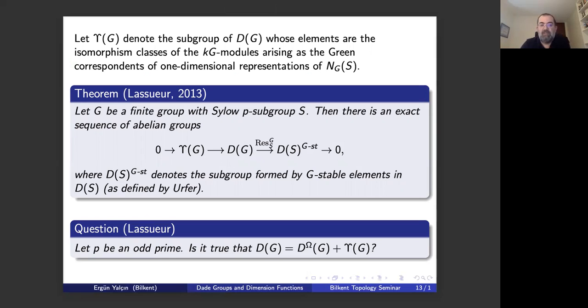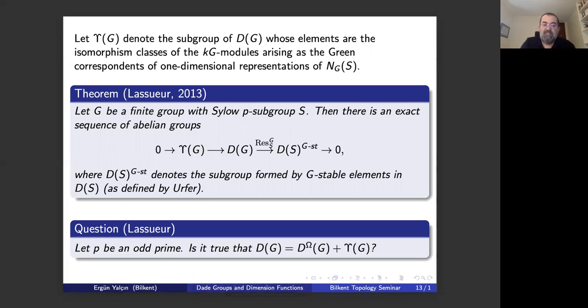So Urfer's definition gives you G-stable elements inside the Dade group of the non-zero p-subgroup. There's a surjective map. And this kernel is generated by a certain type of isomorphism class of KG modules, which arise from the Green correspondence of one-dimensional representations of N_G(S).